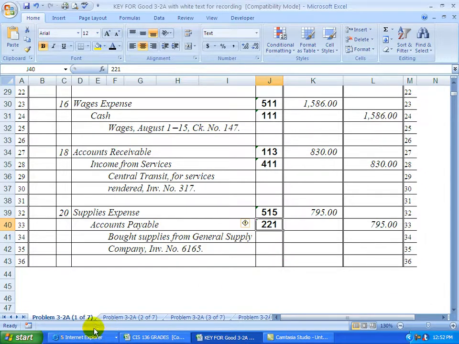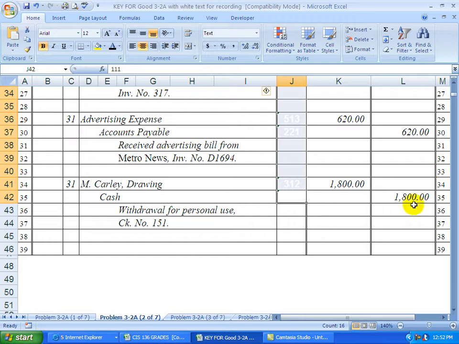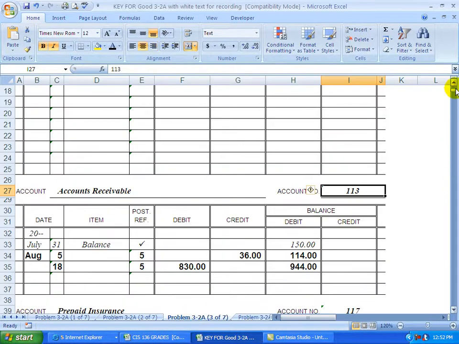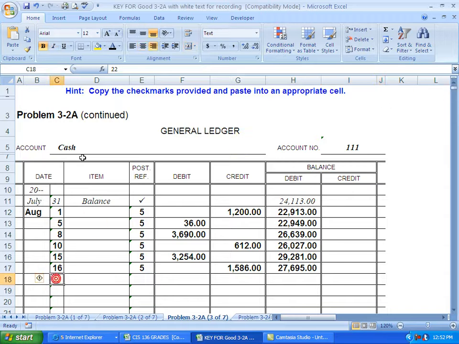And then we go to page 6 of our general journal. So looking at page 6 of our general journal, on the 22nd we go to cash and we record the debit to cash. So I'm going to go to the cash account, put in the date, the 22nd, put in the debit, $3,679.